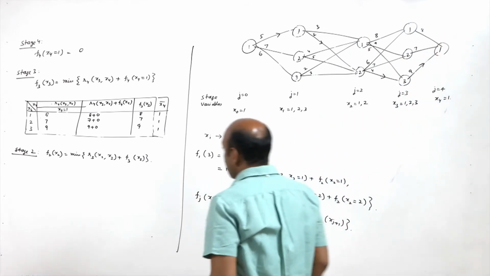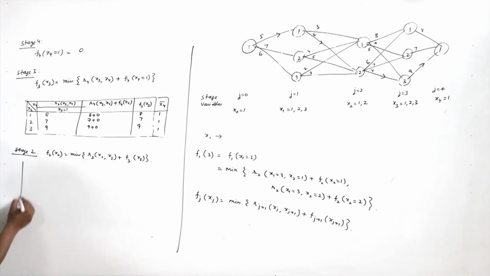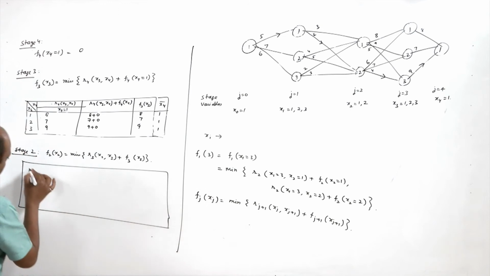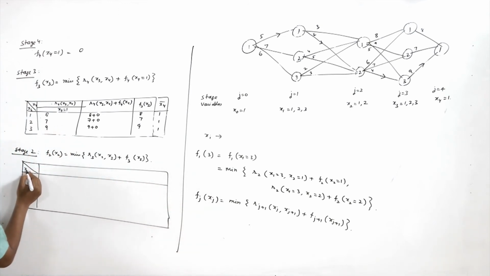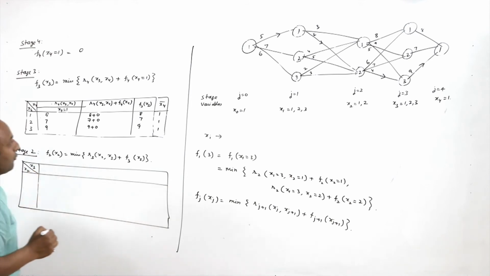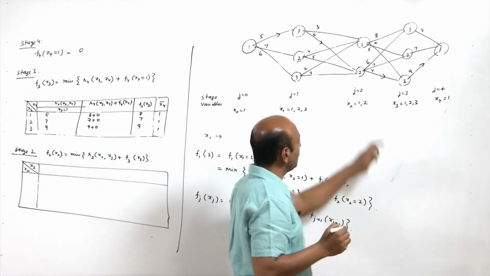Again you will make a table for this, with x2 and x3. For x2 we only have two values, 1 and 2.